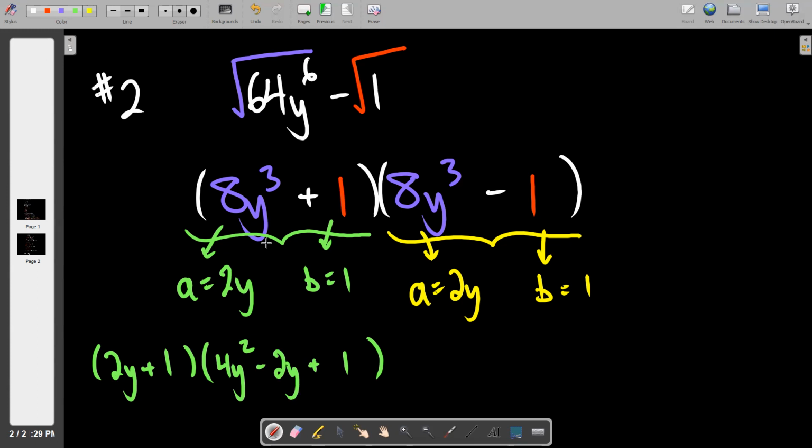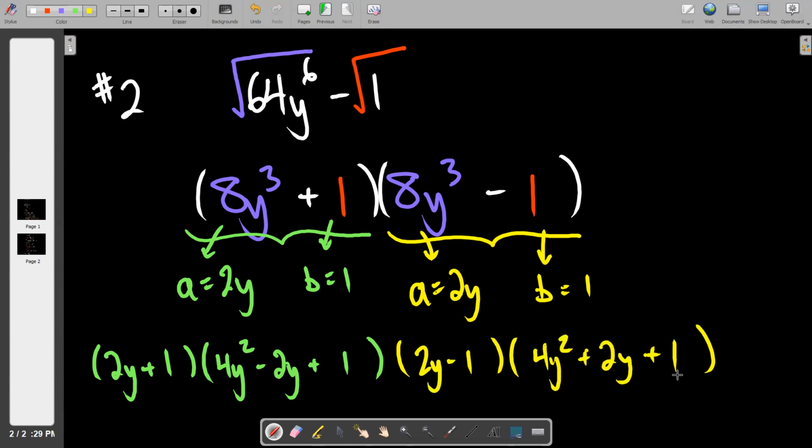But my yellows. Jackpot. And if you do it the other way, where you observe 64 y to the sixth and one as cubes, it works. It's just not as good. Less factors.